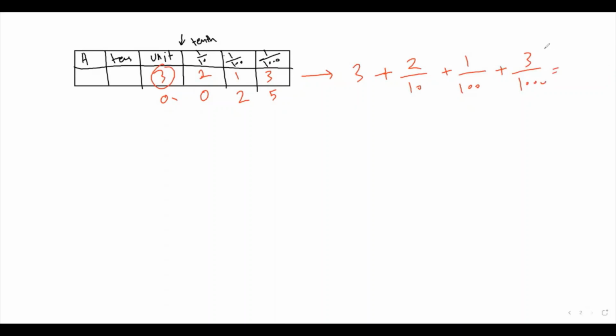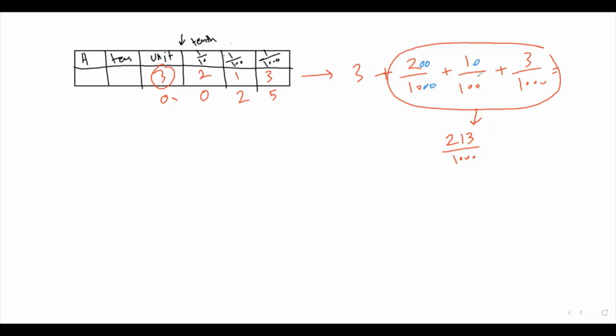However, the easiest way, if you want to do it in one shot, is nothing but 213 over 1,000, isn't it? Because you can add zeros to the top and bottom. I add 2 zeros here and 2 zeros here.